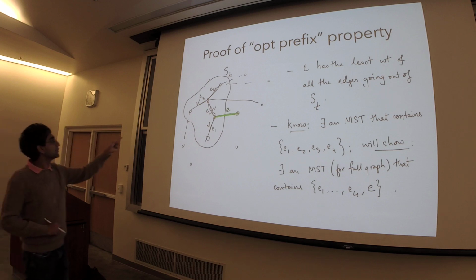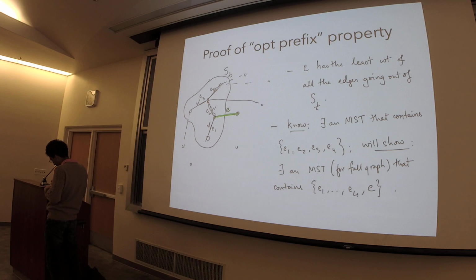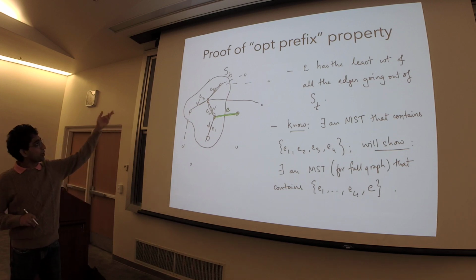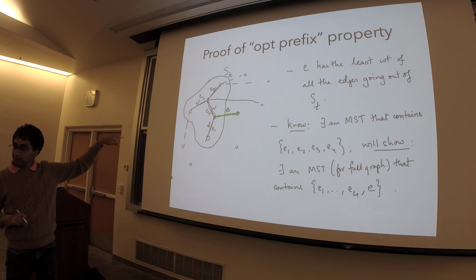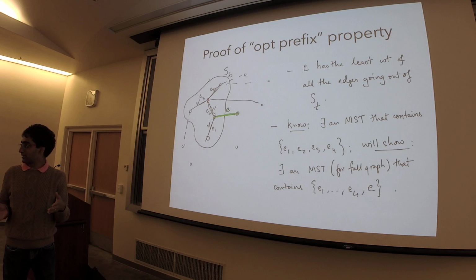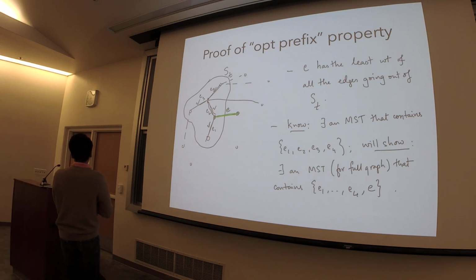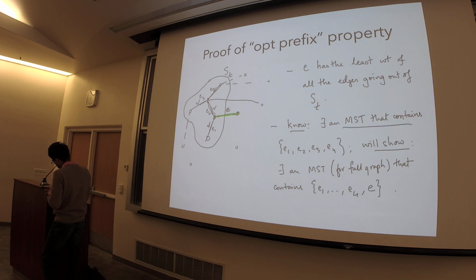Then I'm going to argue that either I can modify that tree to also contain E, to get a different tree that also contains E and which has the same cost, or I can come up with a strictly better tree, and that would be a contradiction, right? Because you've already assumed that this is a minimum spanning tree. Okay, so the strategy is to take a tree that you know exists.